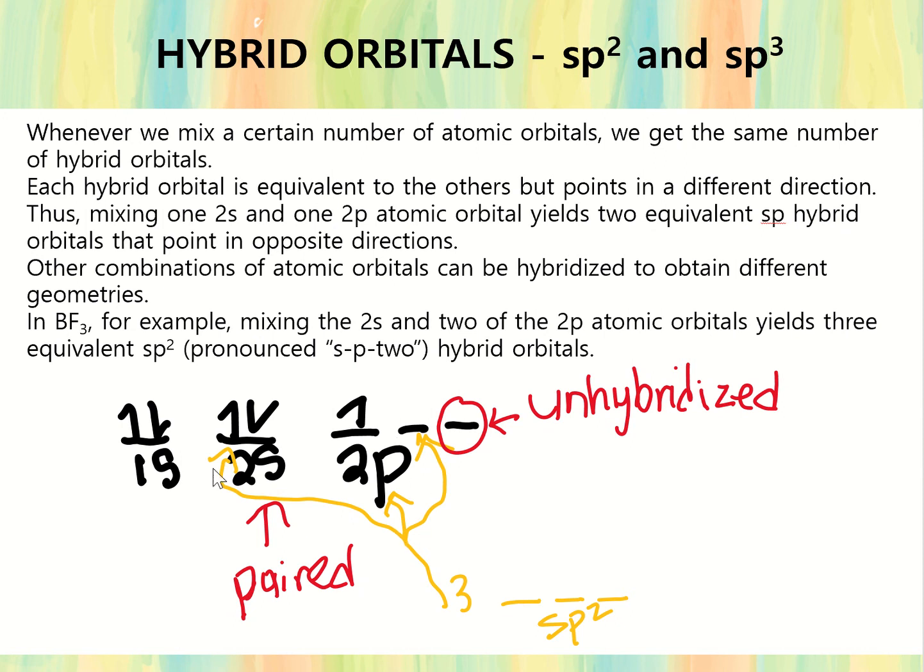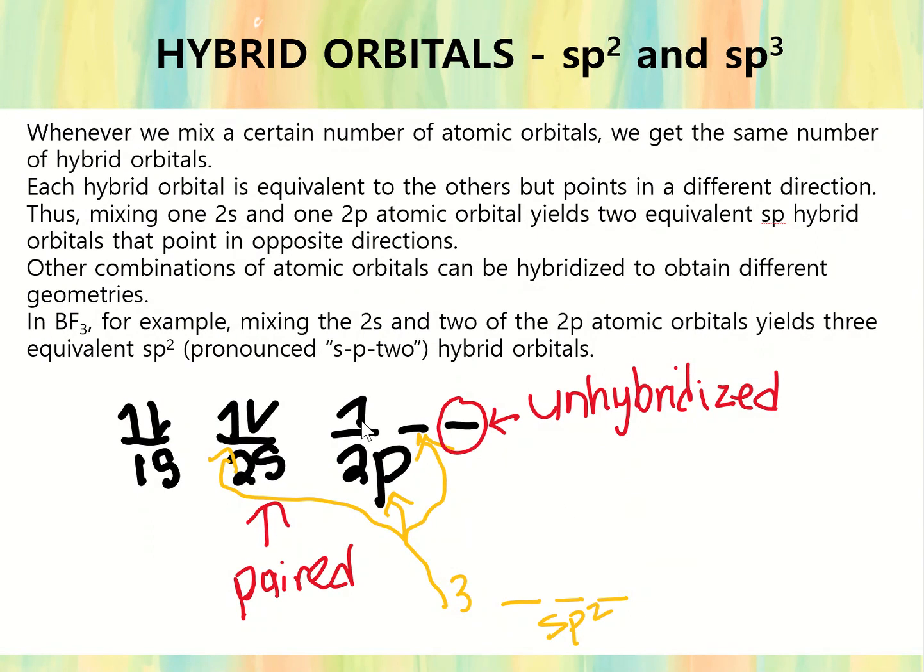What happened in this case is that we have this 2s subshell and two of the 2p orbitals mixing together, and clearly that leaves one of the 2p orbitals unhybridized.